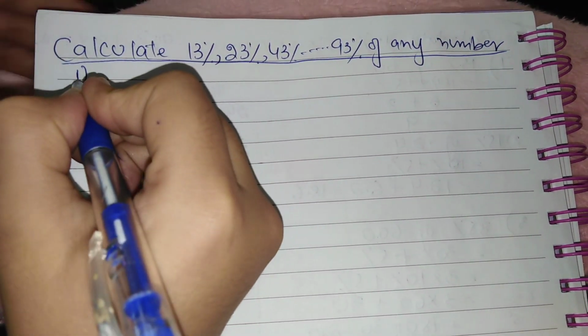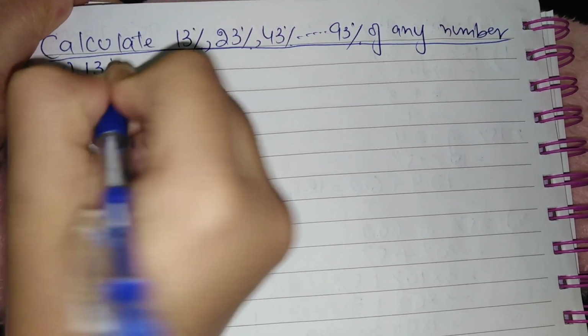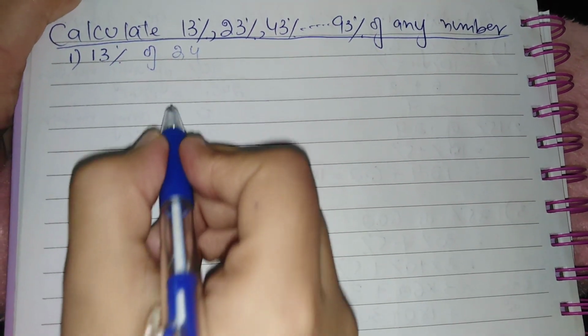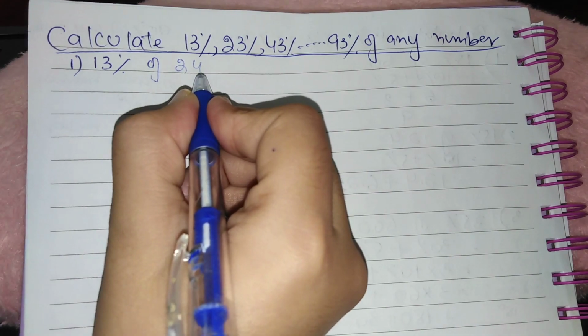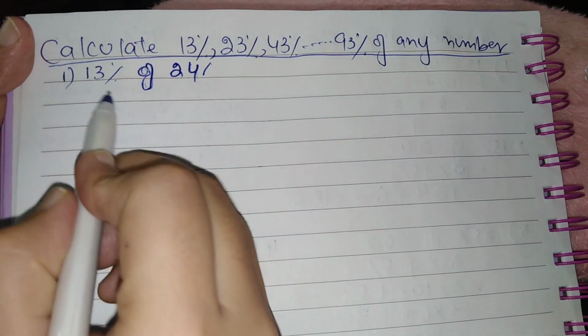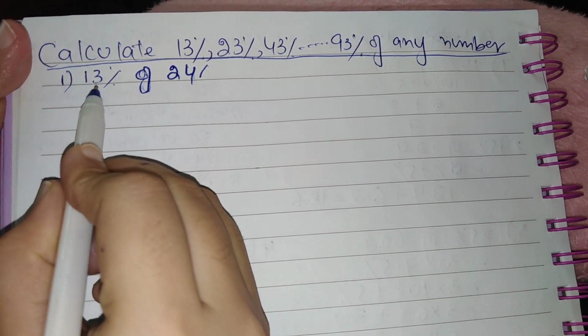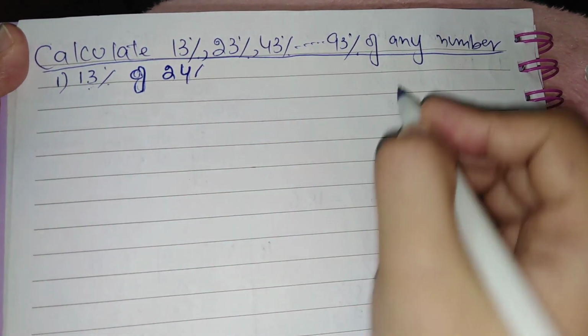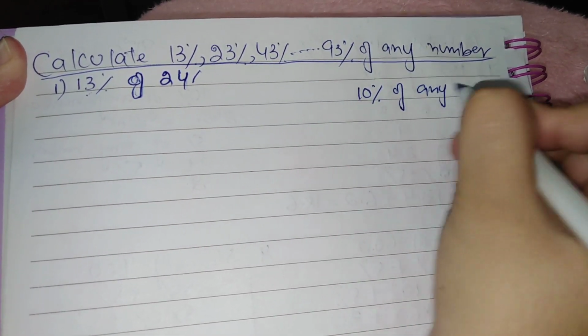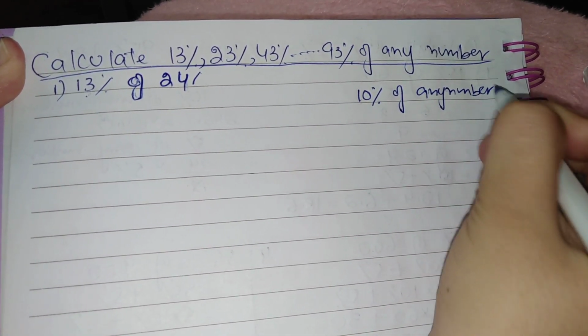Example 1 is 13% of 24. As we know, we will distribute 13% into 10% and 3%. What is 10% of any number?